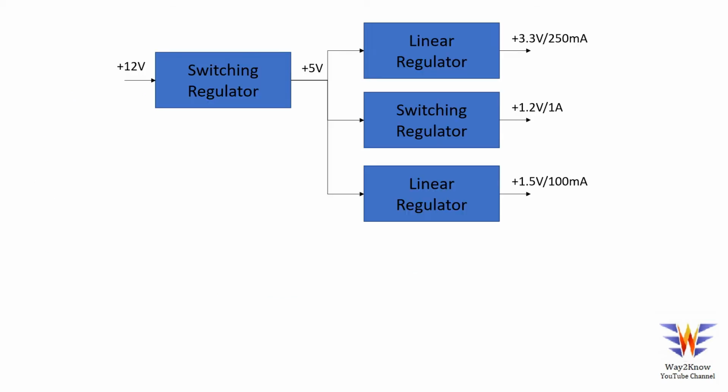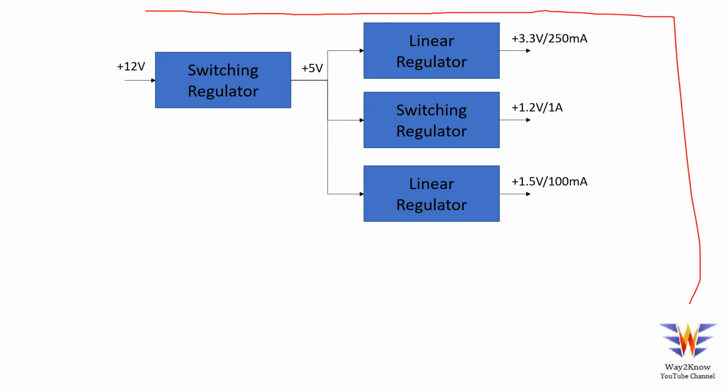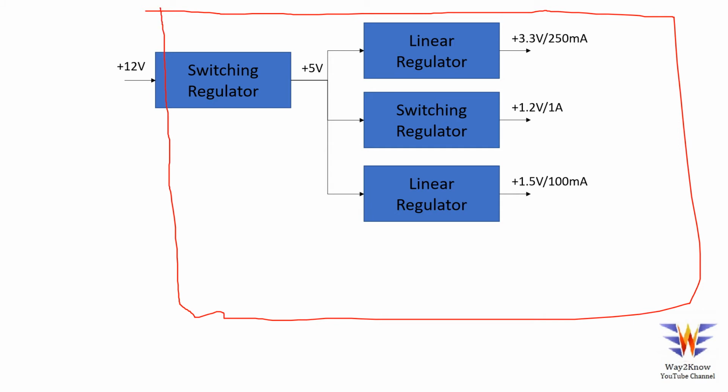Now along the same lines, let us take a simple power tree where, let us assume I have a board. This is the entire board, right? And to this entire board, 12 volts is the input, and then I have the entire load circuitry here. So to this 12 volts, I am having a switching regulator which is generating 5 volts.